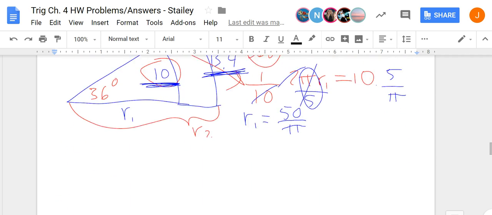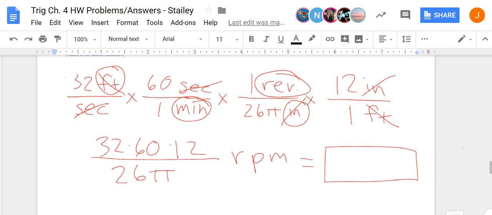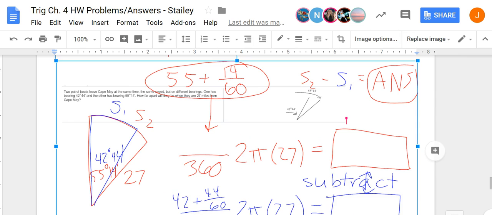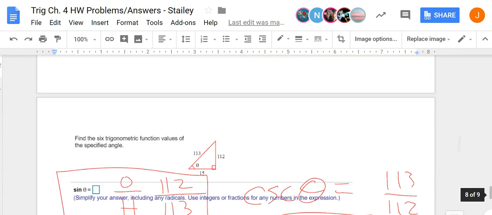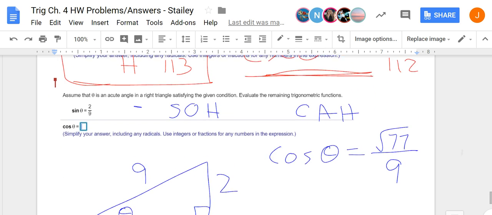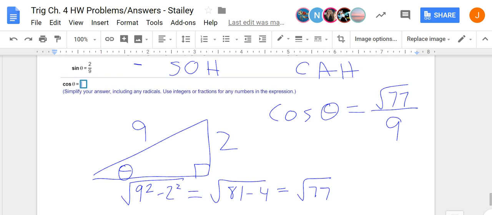We were doing questions like this, find the 6 trig function values given a triangle. You're just using their different sides, flipping things over. So if they give you information, draw the picture.